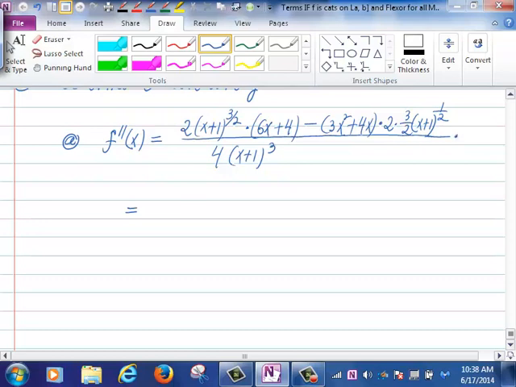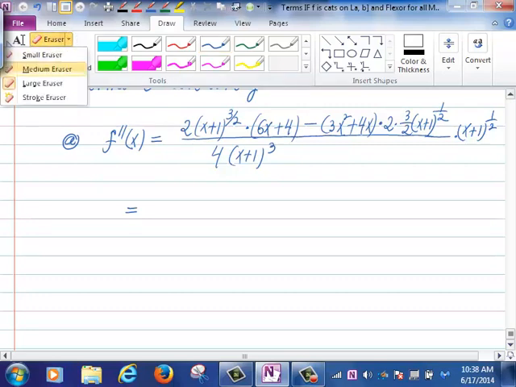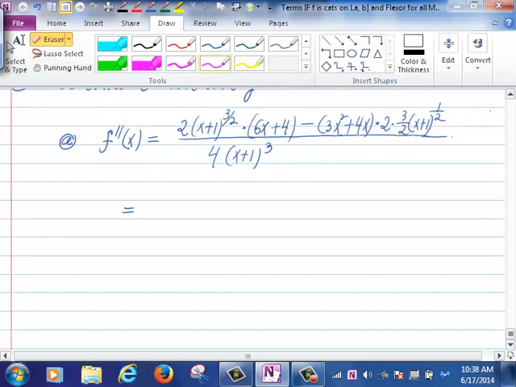So if I do that, if I write x plus 1 to the half... you know what, this time I'm not going to, sorry about that. Because I have to factor out anyway, I'm just going to factor out x plus 1 to the half this time.